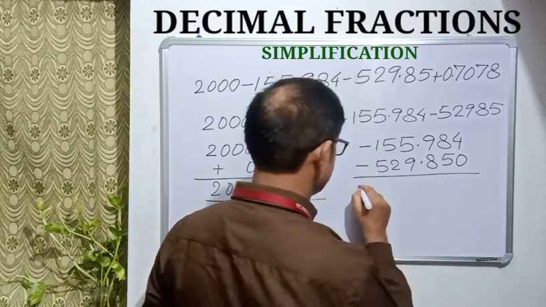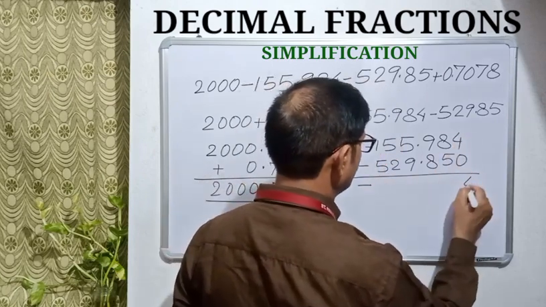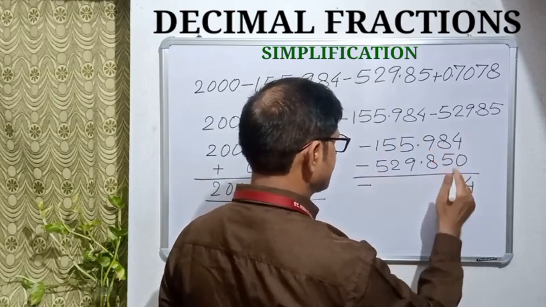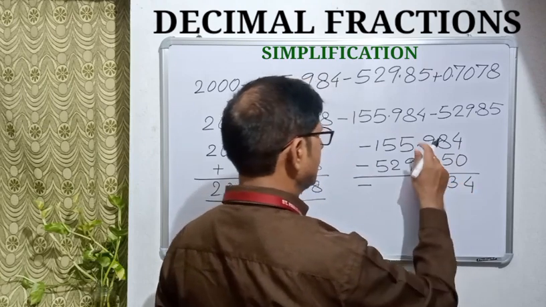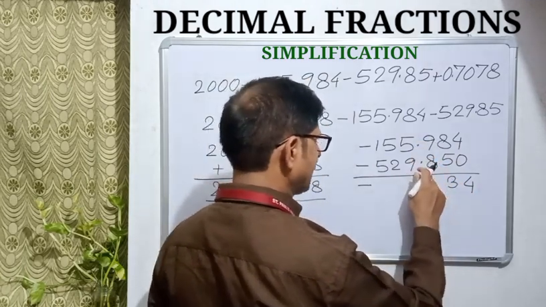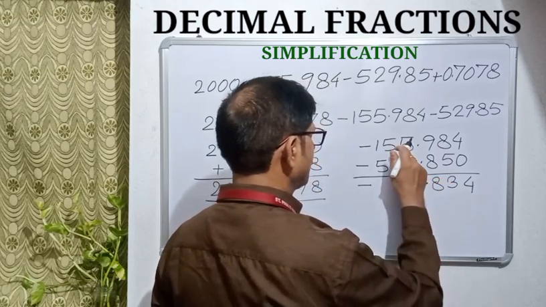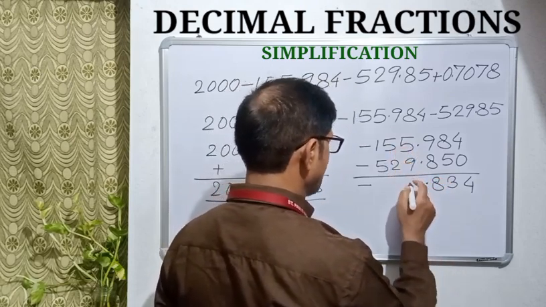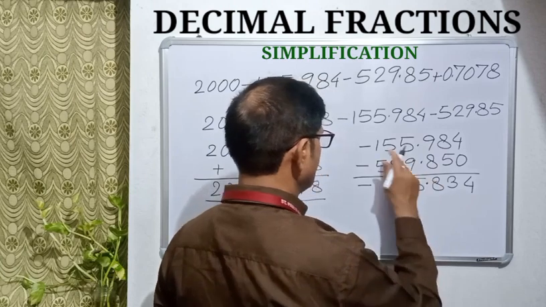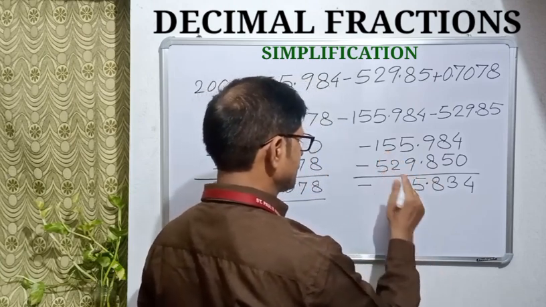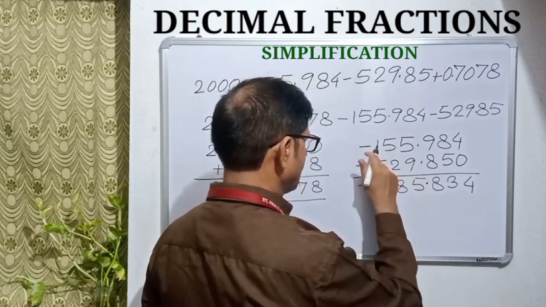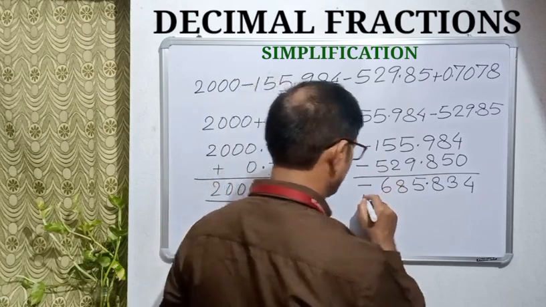Add the two numbers. 4, 8 plus 5 is 13, 3 carry 1, 9 plus 1 is 10, 10 plus 8 is 18, 8 carry 1, 5 plus 1 is 6, 6 plus 9, 15, 5 carry 1, 5 plus 1, 6, 6 plus 2, 8, and 1 plus 5, 6.